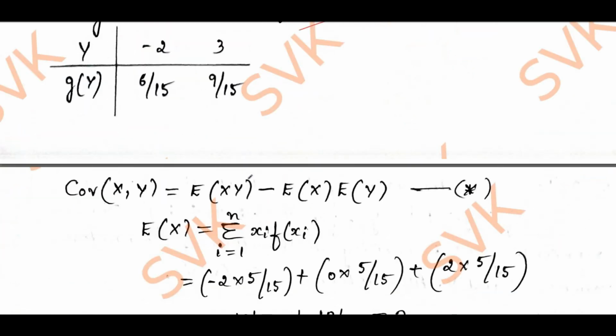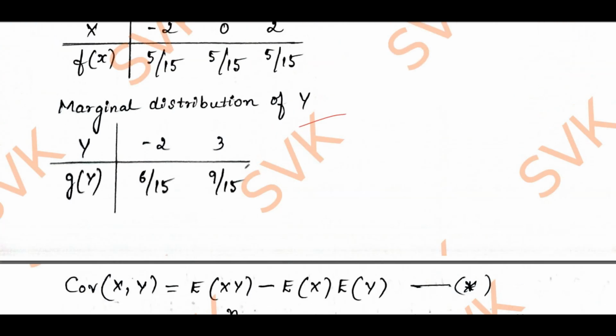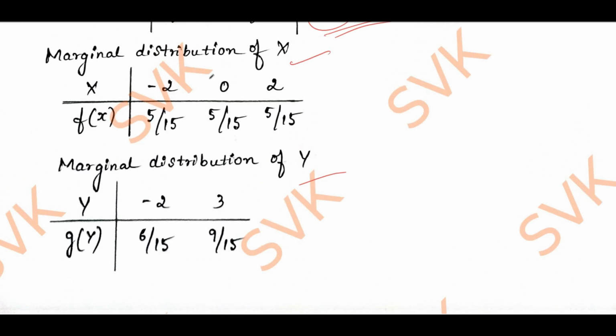So, expectation of x is given by the sum of products: minus 2 into 5 by 15 plus 0 into 5 by 15 plus 2 into 5 by 15. Similarly, expectation of y is minus 2 into 6 by 15 plus 3 into 9 by 15.